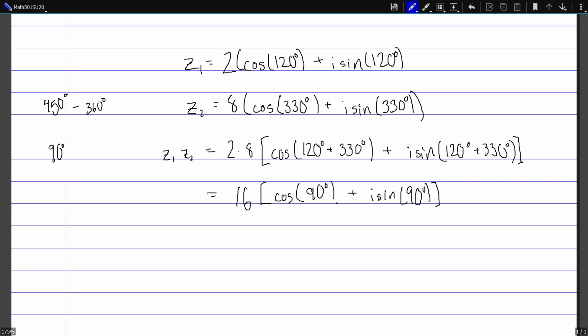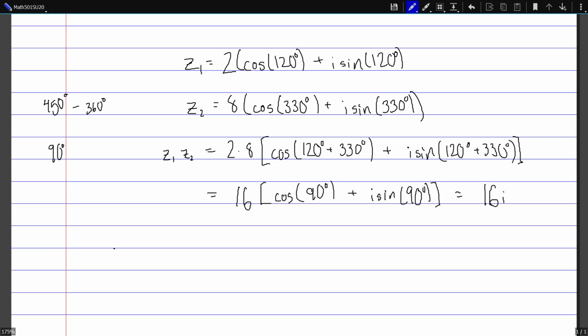We actually can evaluate this. Cosine of 90 is 0, sine of 90 is 1. So we end up doing 16 times 0 plus 16 times i, which gives us our final answer as just 16i. Nothing too crazy, all things considered. But again, this is one of those where I would recommend breaking it up into smaller parts to make it a little bit easier to work with.